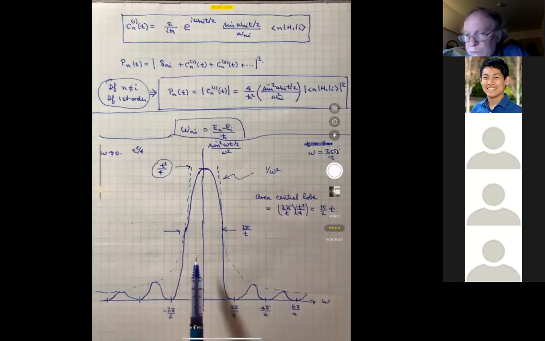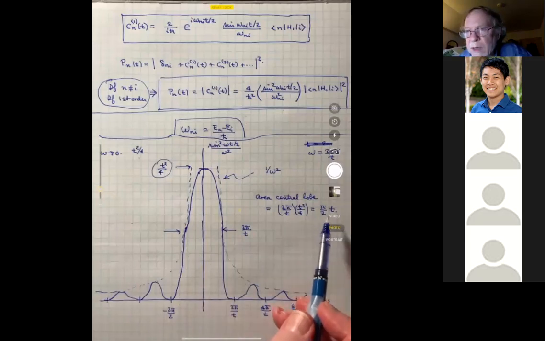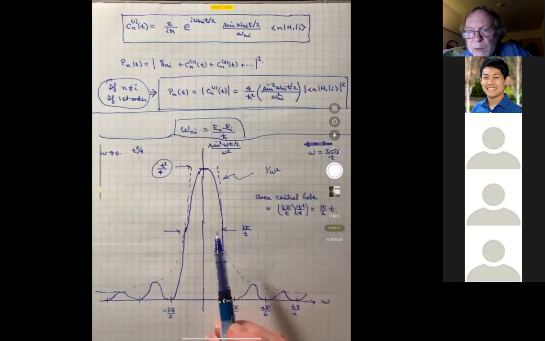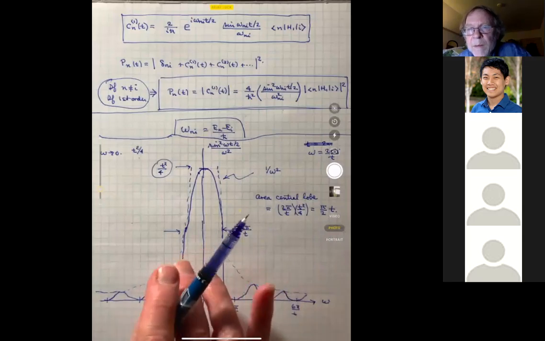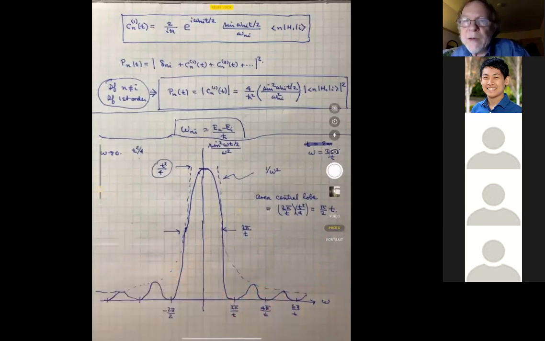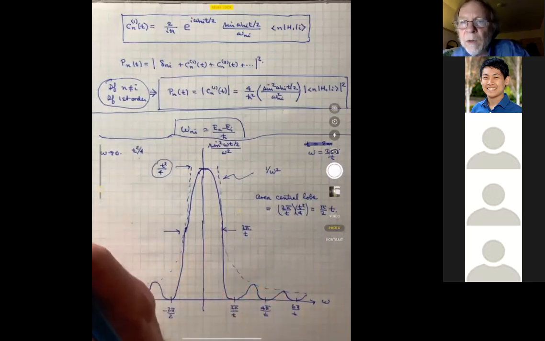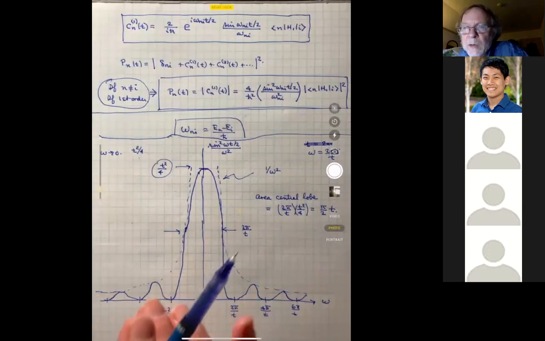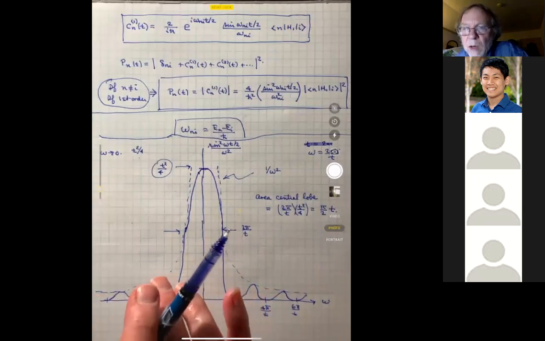Therefore, the area of the central lobe grows in time. And that means that there are more and more transitions to states that are closer and closer to being on resonance as time goes to infinity. If you ask for 99% of the states, where do they go? They end up getting closer and closer to being on resonance the longer you wait.